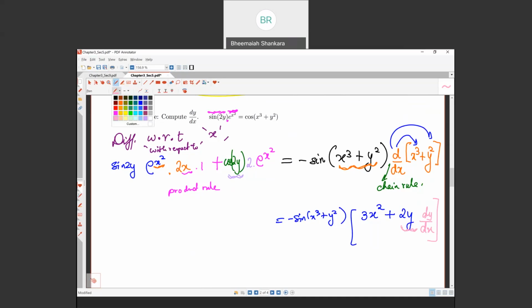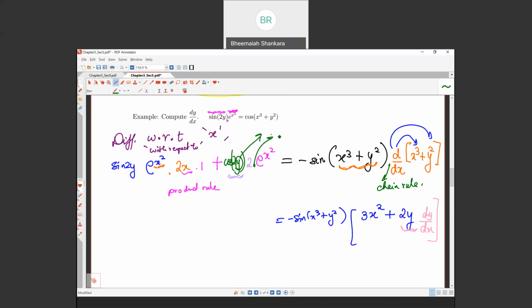I think we missed one term here, so let me add it. We did derive sine 2y, we got cosine 2y. We did derive 2y, we got 2. But you have to be a little bit more careful here in deriving this cosine term. It is 2, but what about the derivative of the variable y with respect to x? So make sure that you add a dy over dx here.